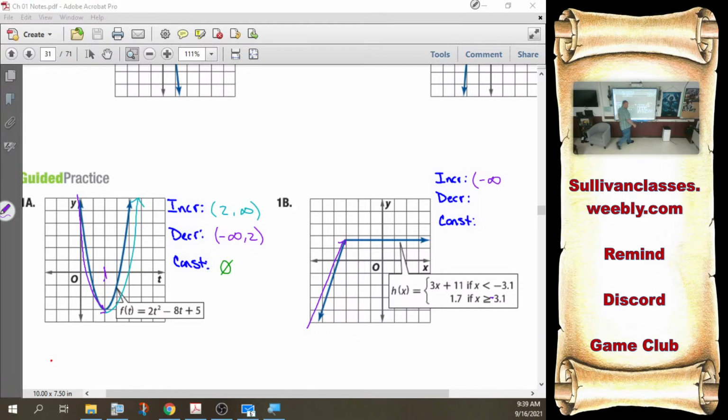That's a typo. It specifically says at negative 3.1 is where it shifts from one rule to the other. So I'm going to say from negative infinity to negative 3.1, it's increasing, it never decreases, and then it's constant from 3.1 onward. Okay?